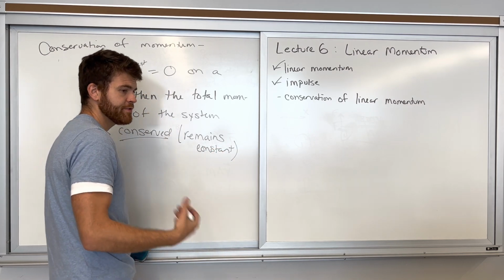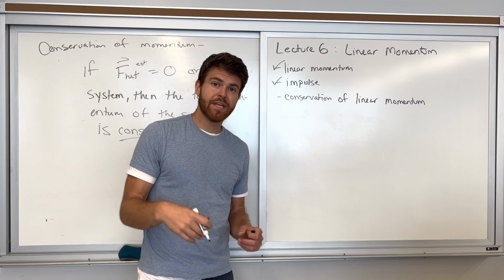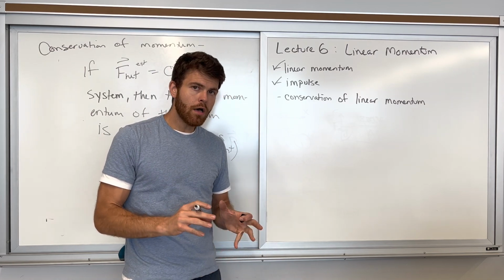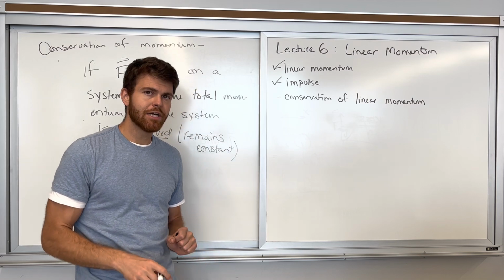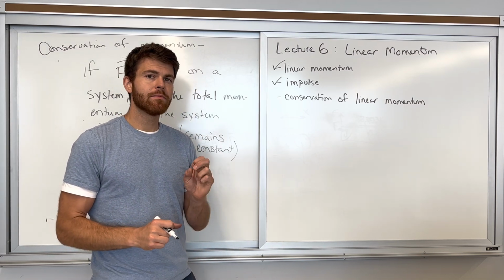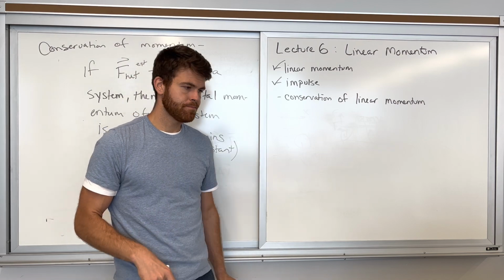So if the net external force on a system is equal to 0, then the total momentum of that system will remain unchanged. It will remain constant. And whenever that happens, we say that the momentum is conserved.